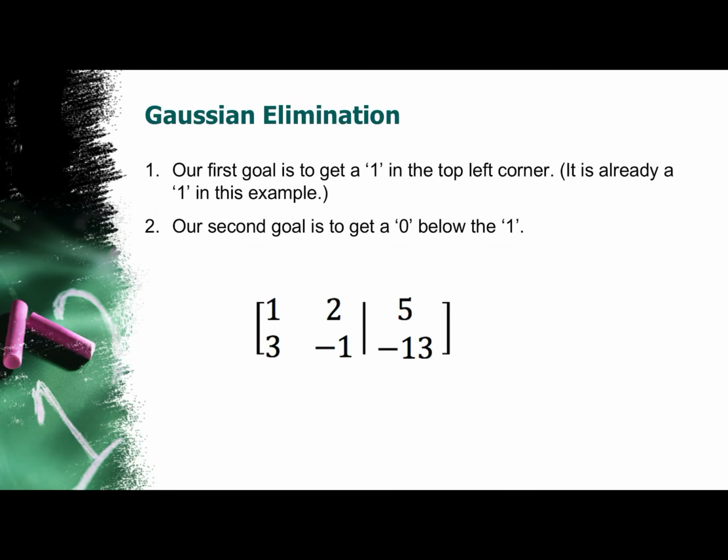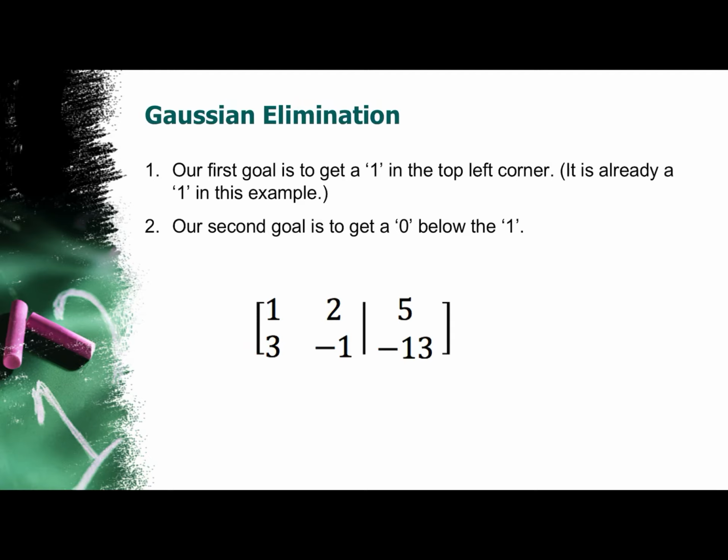So always our first goal is to get a 1 right here in the top left-hand corner. In this case, it's already a 1, so I don't have to worry about that. My second goal is always going to be to get a 0 right below that 1. Okay, so I want to get a 0 right here. And I'm going to do that by using those 3 row operations.